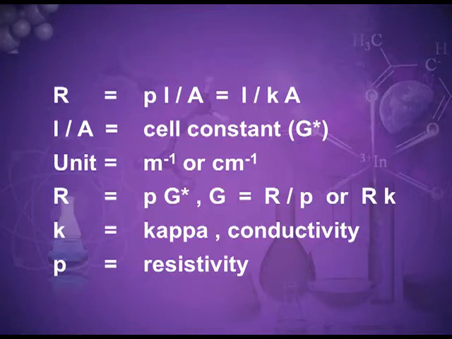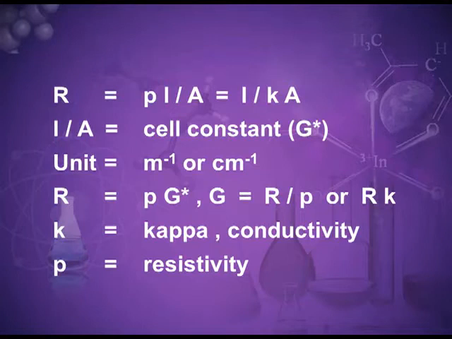So we can modify the formula: R equals rho L by A can be written as R equals L by kappa A. This kappa is conductivity. L by A is the cell constant, G star, or you can say G asterisk.